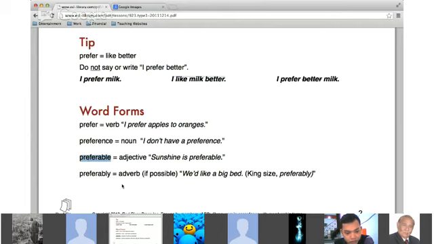Now, here, class, we can pronounce this word preferable or preferable. Either way is correct. I've said both. You may hear them used both ways. The other word is preferably, or preferably.